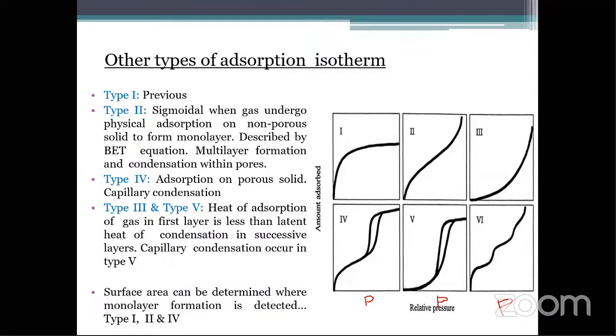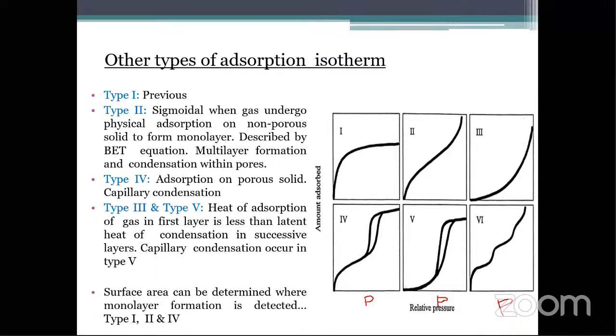This isotherm is described by which equation? This type of multimolecular adsorption of gas on a solid surface is described by the BET equation, which we have already studied: multilayer formation and condensation within the pores.